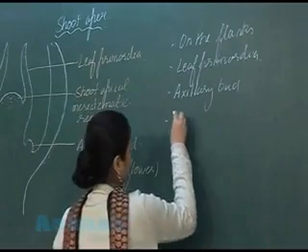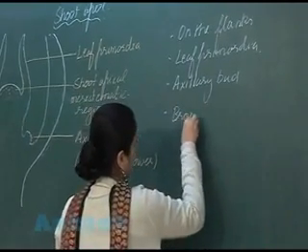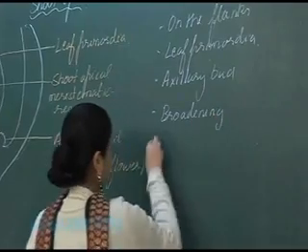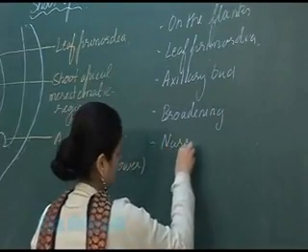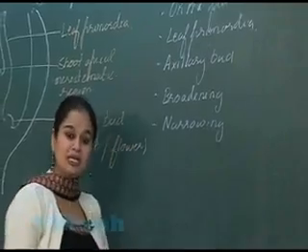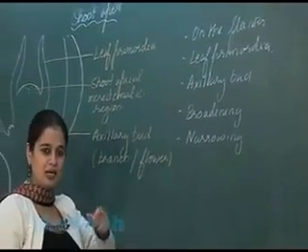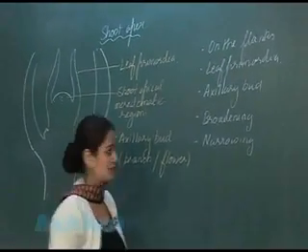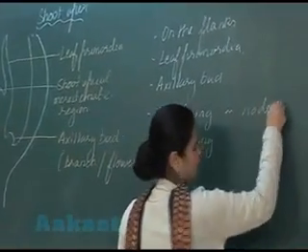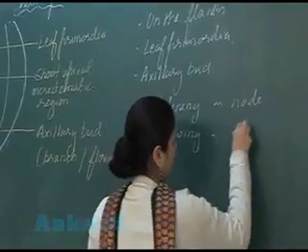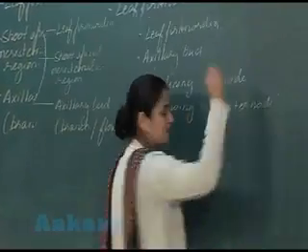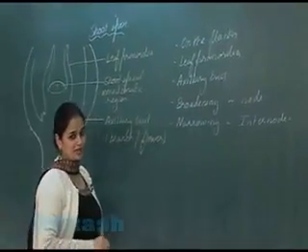It will show broadening and narrowing. Yes, it will keep on showing broadening and narrowness. The broadened areas are going to represent node. The narrow areas are going to represent internode.